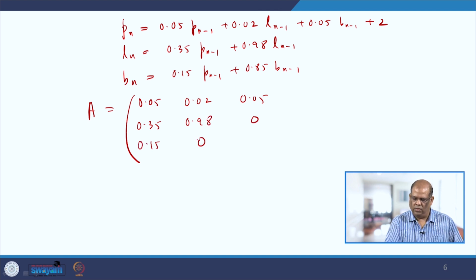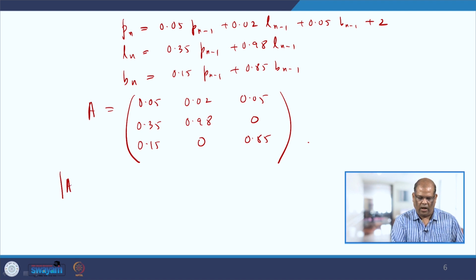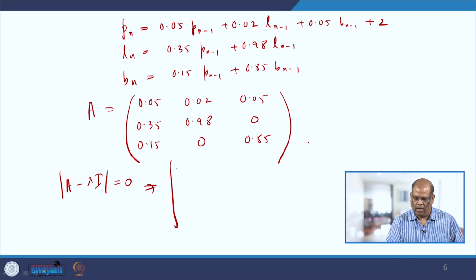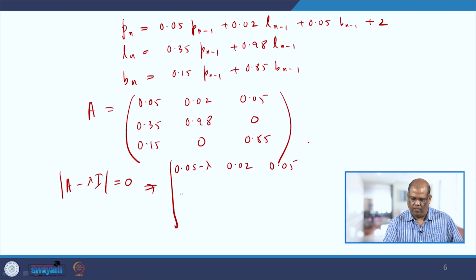0.15, 0, 0.85. Now, once you get the coefficient matrix, you have to calculate the eigenvalue, that is determinant of A minus lambda I, and this will imply the matrix 0.05 minus lambda, 0.02, 0.05, 0.35, 0.98 minus lambda, 0, 0.15, 0, 0.85 minus lambda.